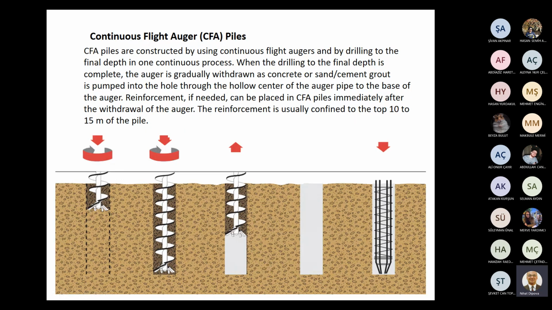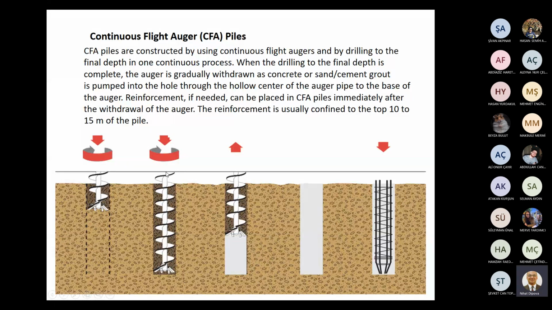One other variety, also popular in Turkey, is continuous flight auger, CFA piles. CFA piles are constructed by using continuous flight augers. What are continuous flight augers?